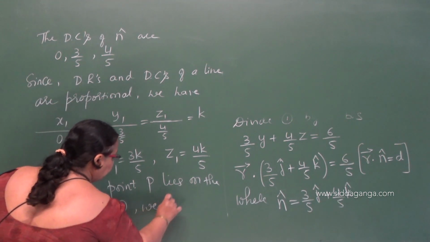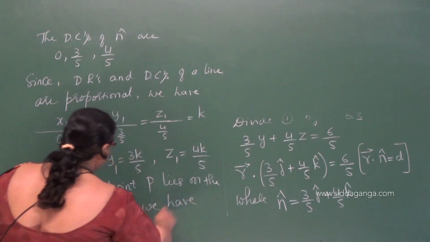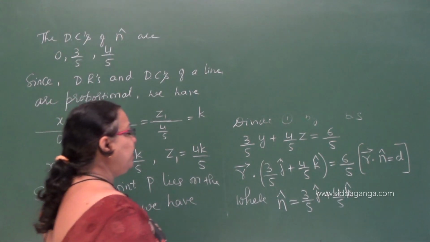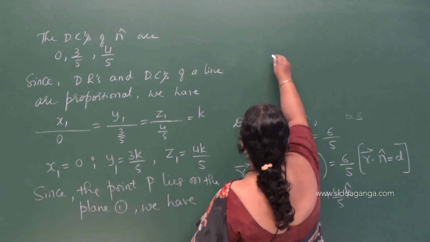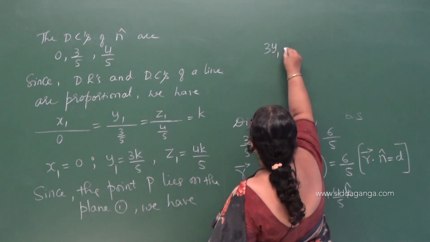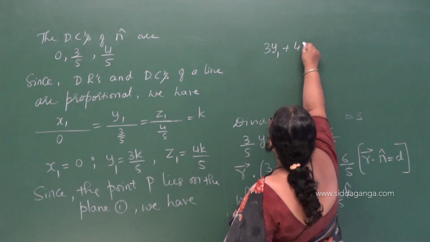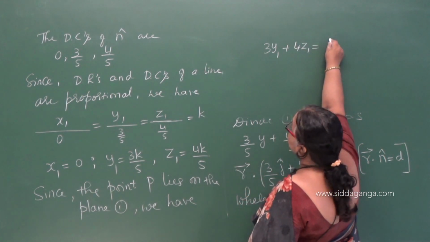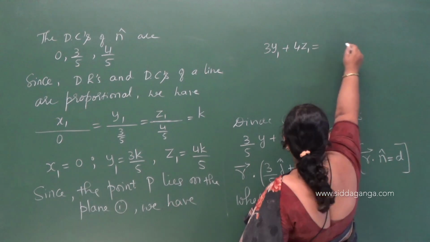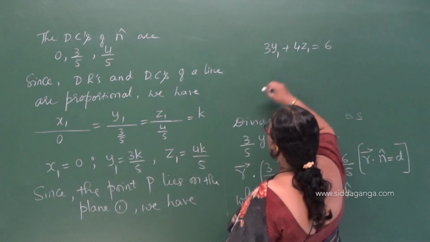1, we have, put x1 in place of x, y1 in place of y: 3y1 plus 4z1 equal to 6.